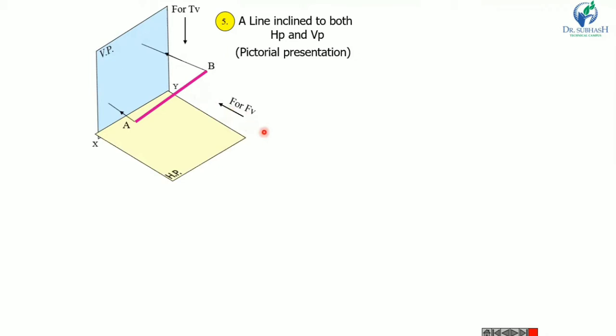Looking from this direction, the front view of this line AB is on VP, A dash B dash, and the front view is inclined at angle alpha with the XY line. And now looking from the top, AB is the top view and its inclination with the XY line is beta.